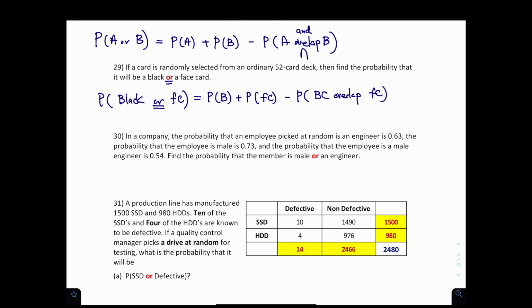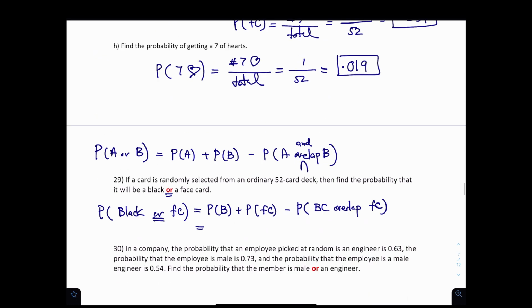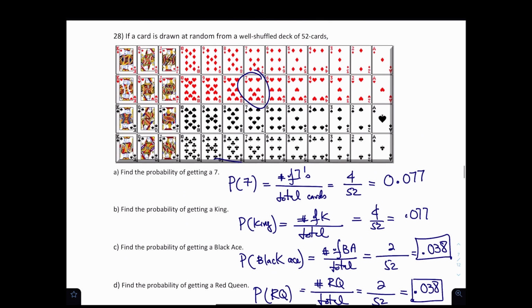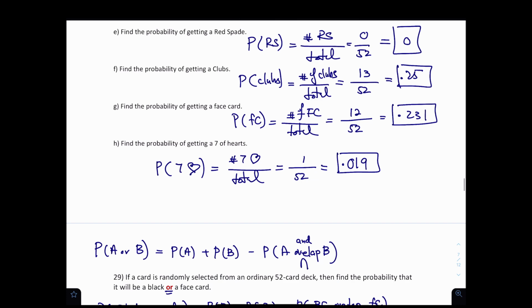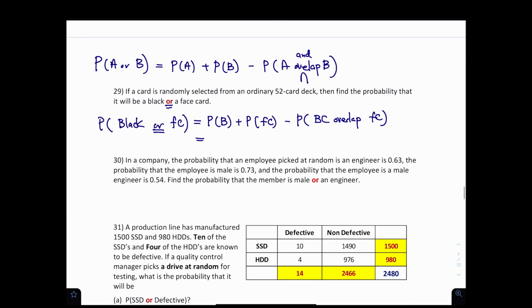The probability of a black card: if I go back to the deck of cards, half of the deck is black, so it's 26 out of 52. Plus the probability of getting a face card, that's 12 out of 52.